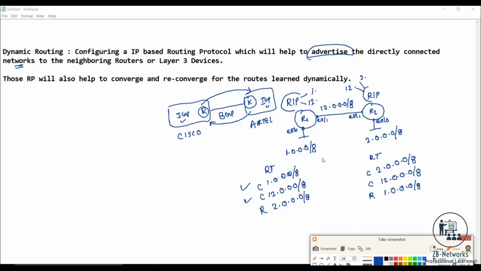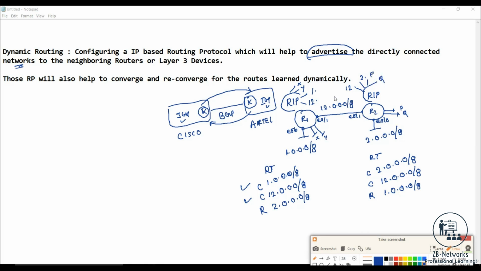So if tomorrow you add some new networks, let us say on this router you add another LAN, or another two networks, which are X and Y. On this router you add some networks, say P and Q. Your job is to advertise those connected networks into RIP. So tell RIP, hey, X and Y are there as newly added connected routes, and tell him that P and Q have been configured as connected routes.